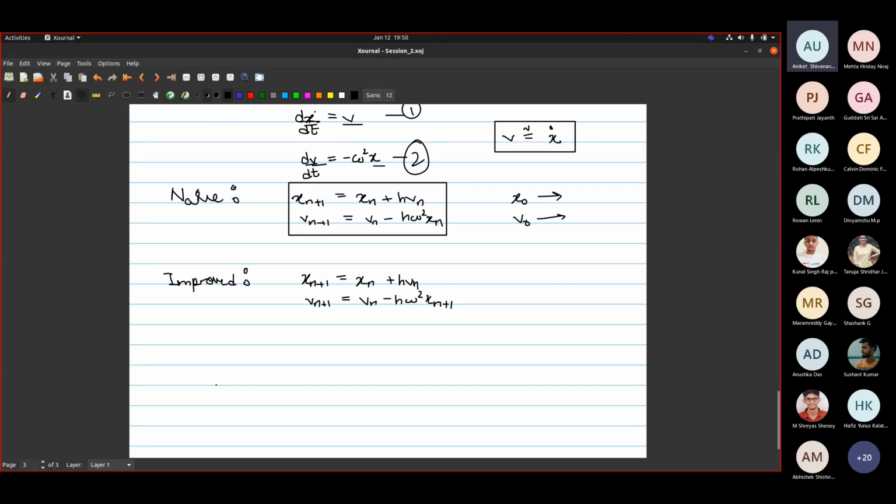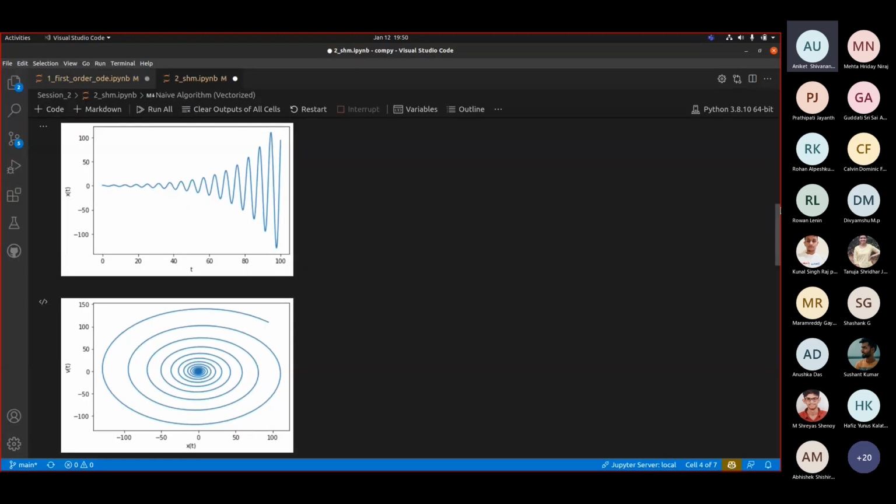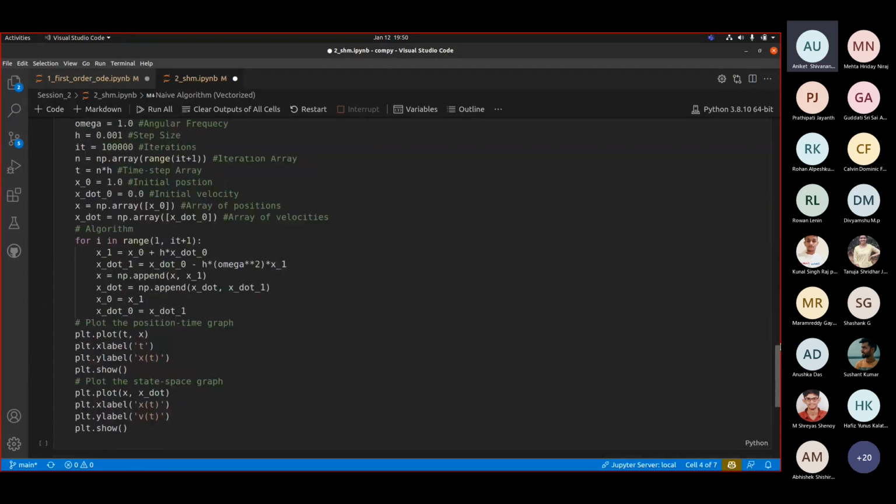That should make my velocity much more accurate. And you will see that with this one small change, it changes everything. This is our improved algorithm.